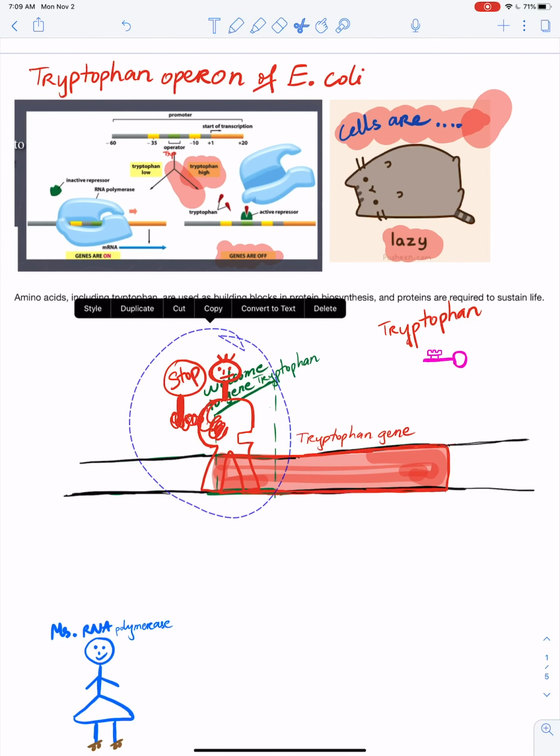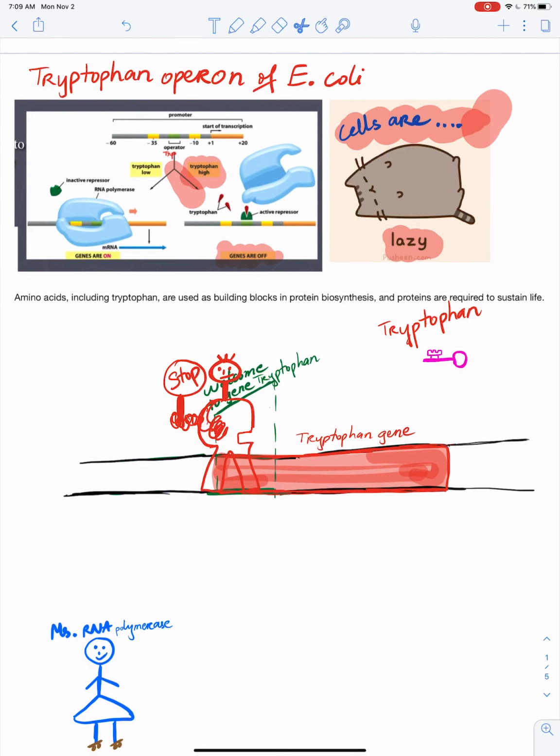and with the presence of tryptophan acting as the ligand, it is going to link with Mr. Repressor. That's when Mr. Repressor stands in front of the doorway and blocks Miss RNA polymerase from coming in and starting to make tryptophan.